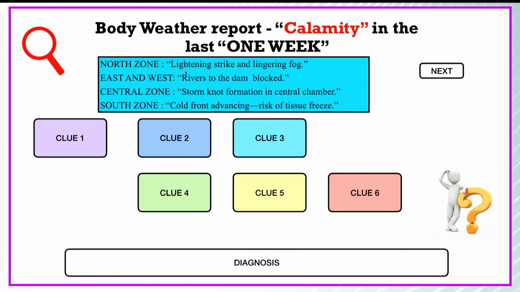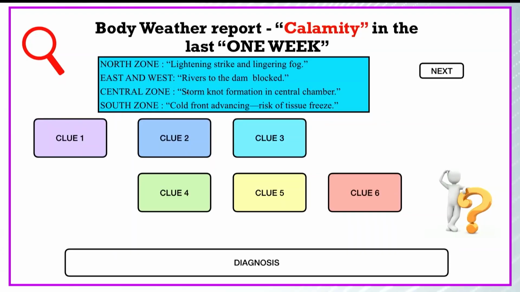So north zone, lightning strike and lingering fog means acute onset confusion or delirium occurs in CAPS. East and west, rivers to the dams blocked, so the kidneys are getting affected, basically renal artery thrombosis. Central storm knot formation in the central chamber is the cardiac thrombus, and south zone cold front advancing, risk of tissue freeze is the gangrene.